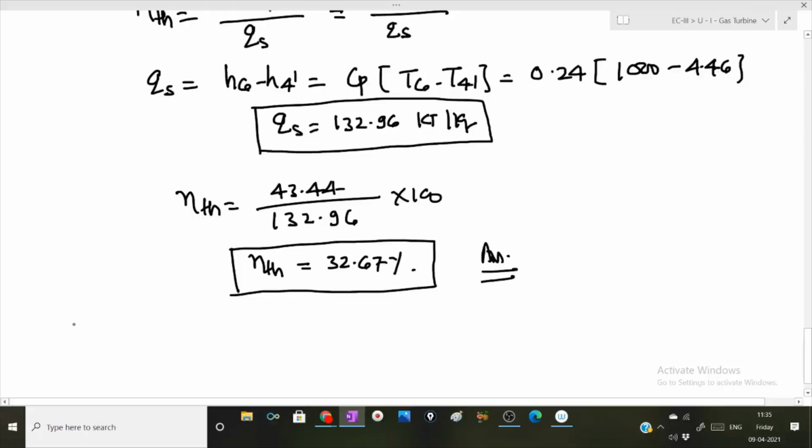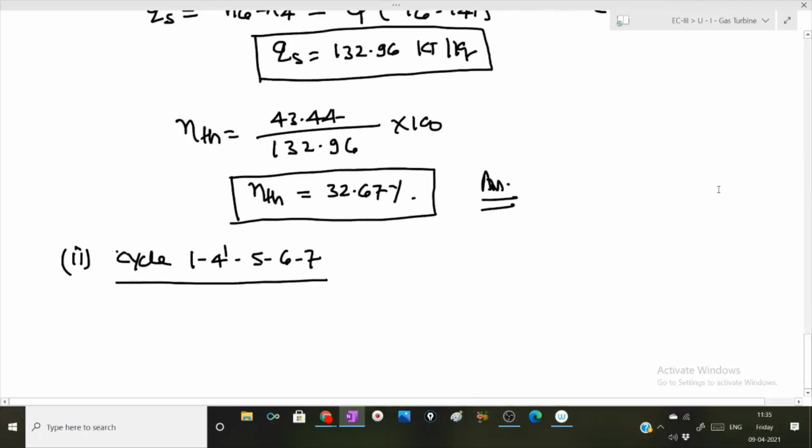During this cycle as well, T1, T4 dash, T6 and T7 will be the same as in the basic cycle.